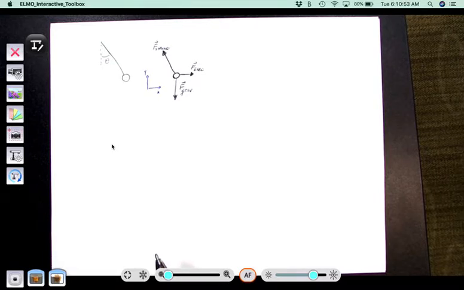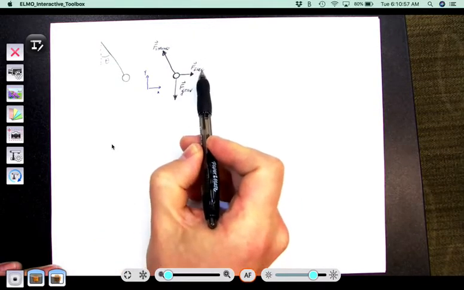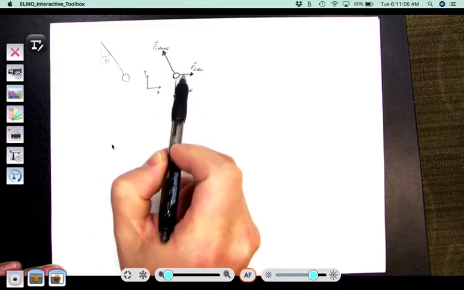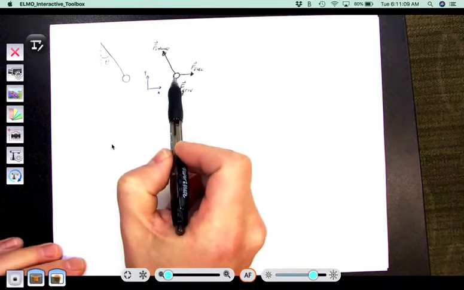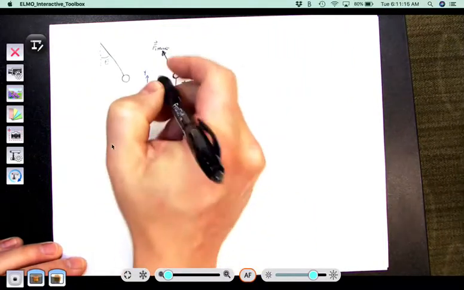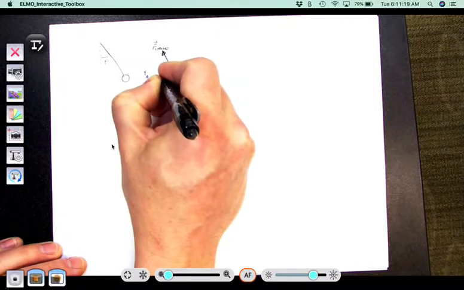Okay, so there's my forces, and so I need to get an expression for the electrical force. Well, I don't know directly how to calculate the electrical force, but here's the argument. If this sphere is in equilibrium, then this electrical force must balance with the component of the string force that is in the x direction.